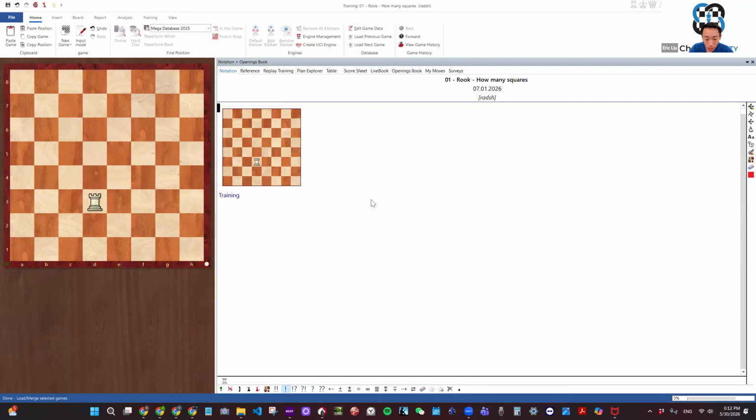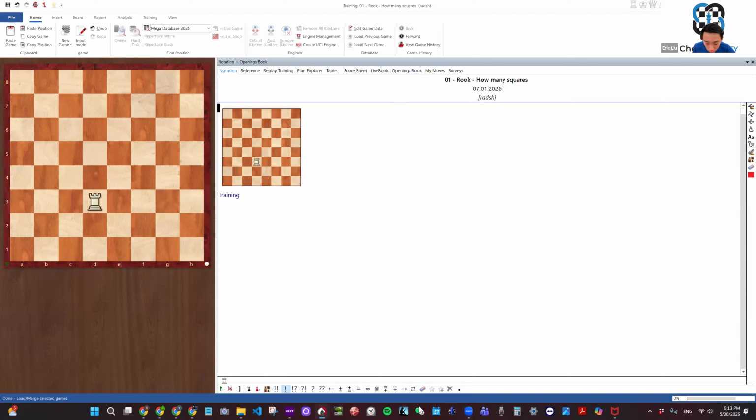That's good. The rook is on d3. Here's why: it's on the d file, and it's on the third rank. So it's on d3. Good job.